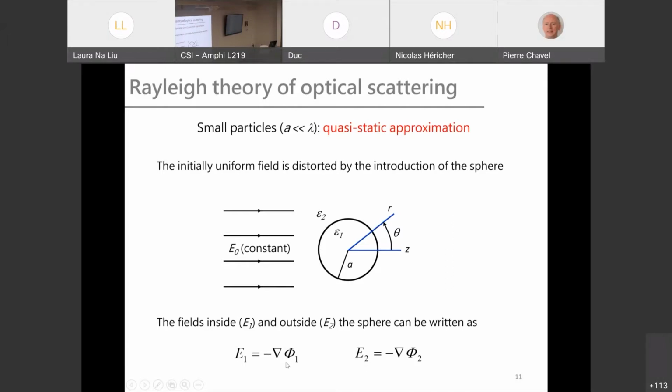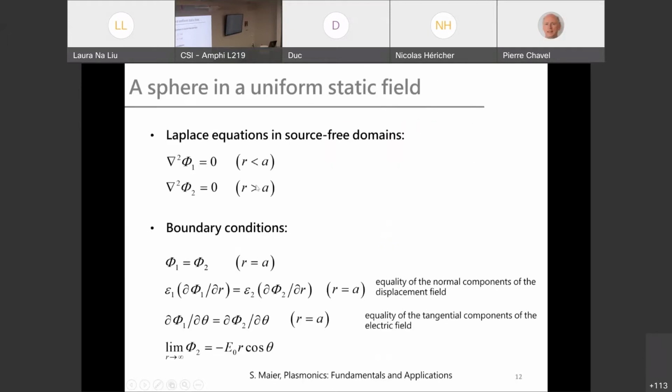Of course, they can be derived from the two scalar potentials, phi 1 and phi 2, respectively. Then the Helmholtz equation can be simplified to Laplace equations in source-free domains.